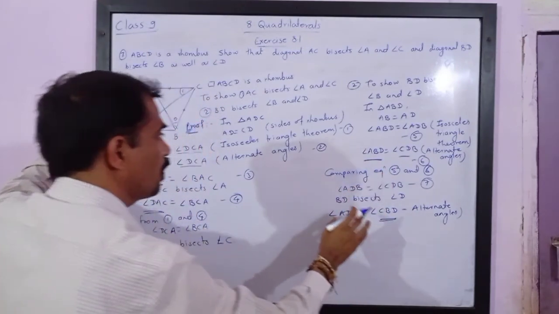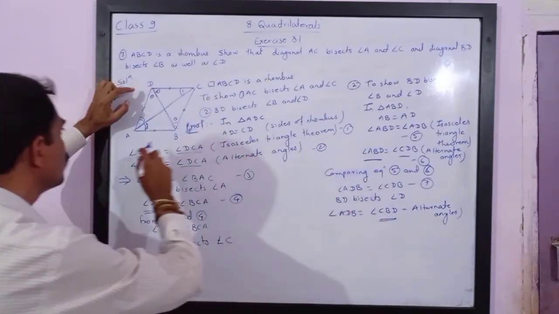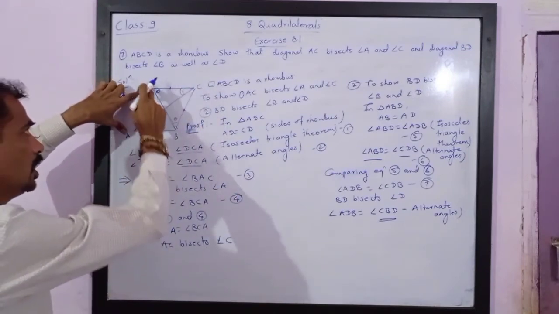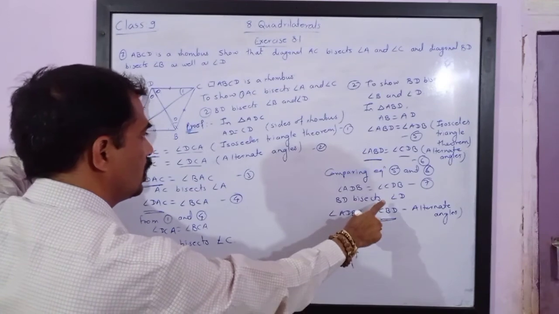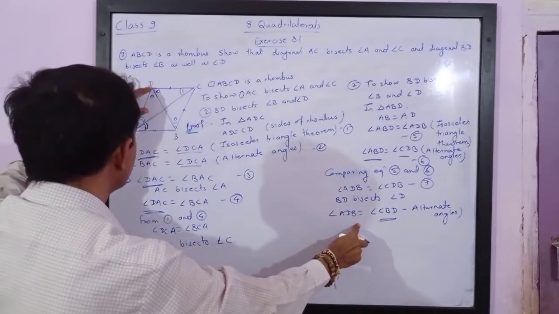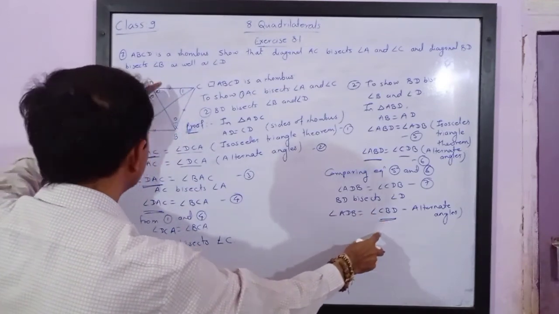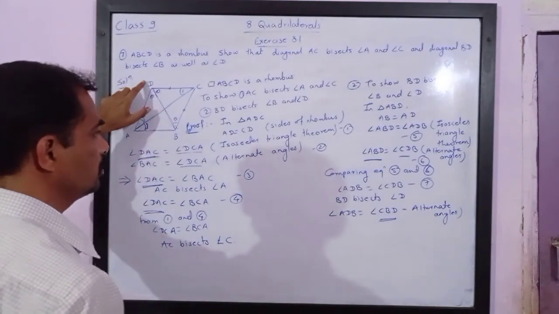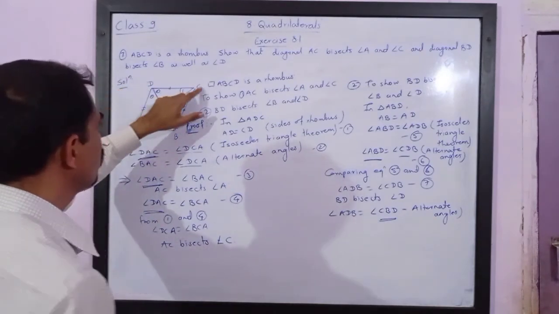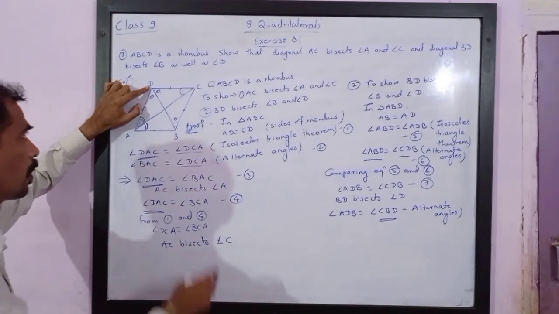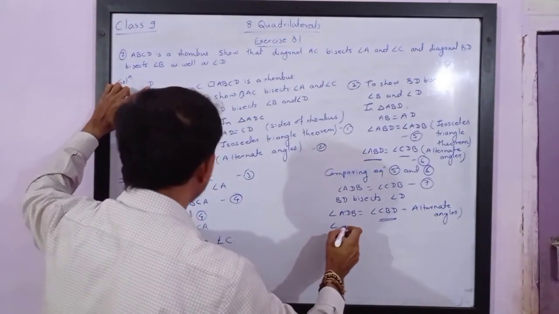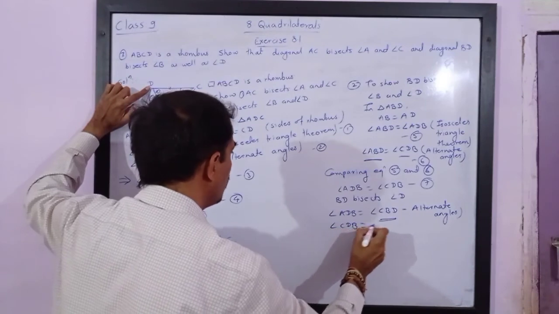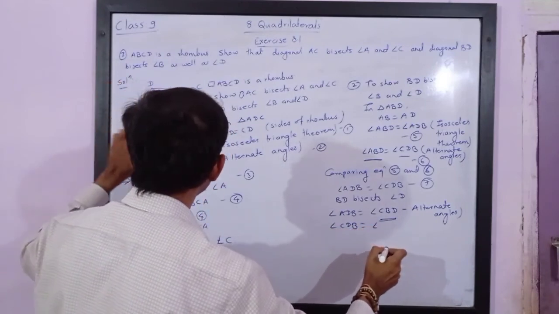But see, ADB equals CDB, these two angles are congruent. Angle CDB equals angle ABD.